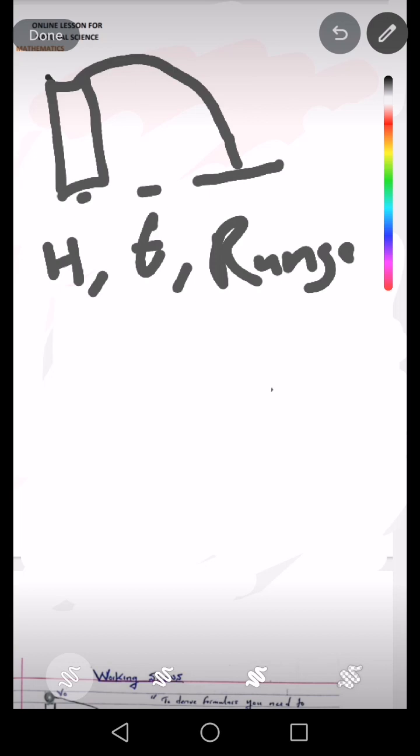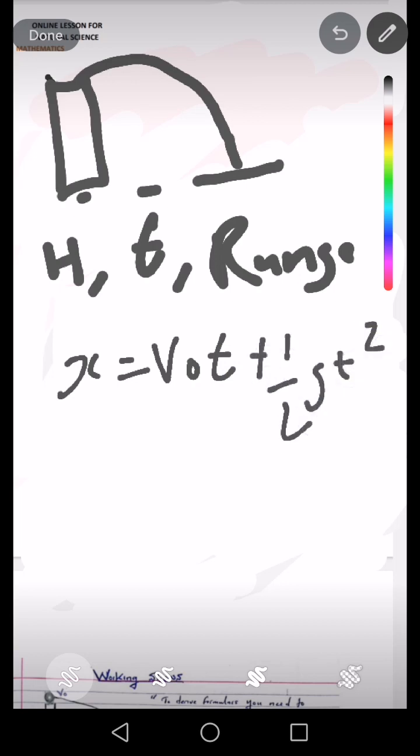Yes, so what formula can we use? You can pick any formula, but this will be much easier for you: x is equal to v naught times time plus half g t squared. Here x is just the distance h, so h represents the distance. When you look at the cliff, when you throw an object, it hasn't started moving.